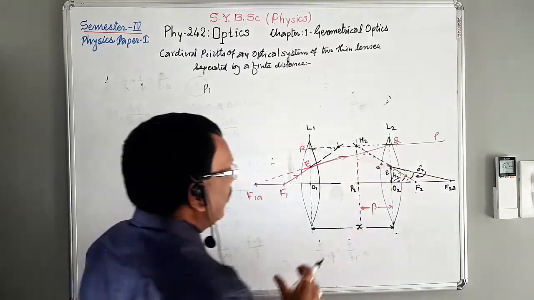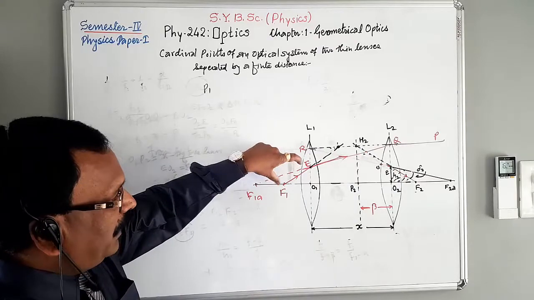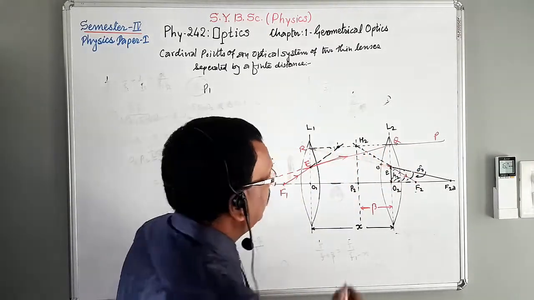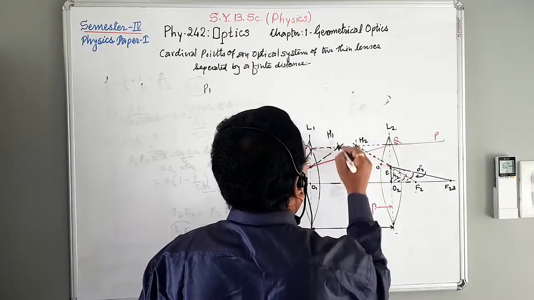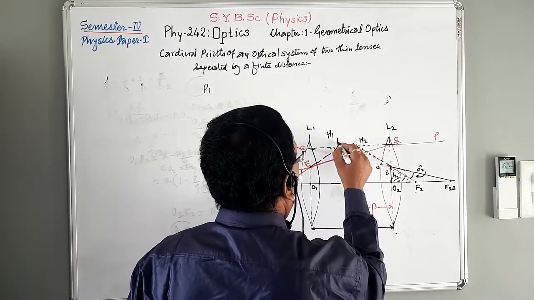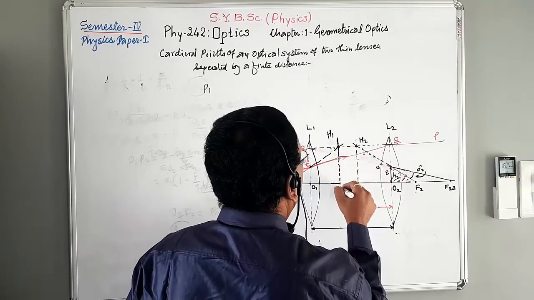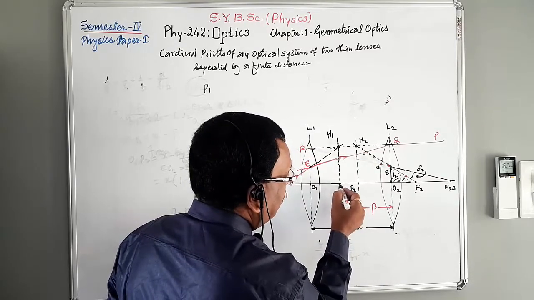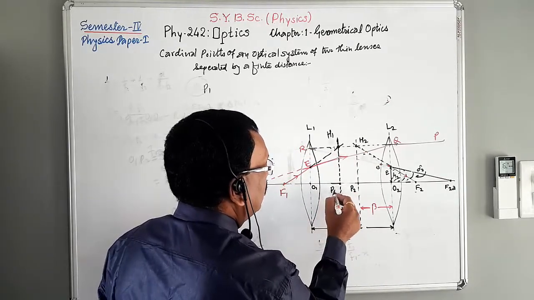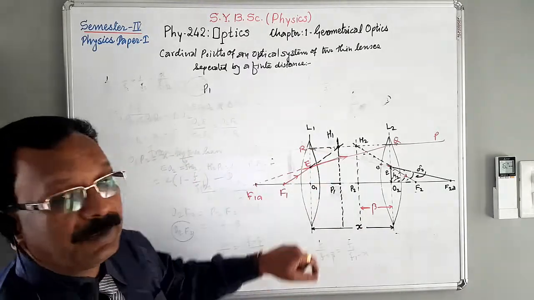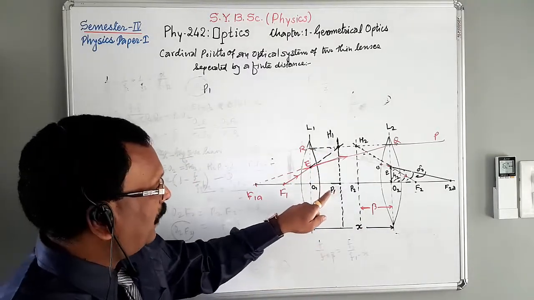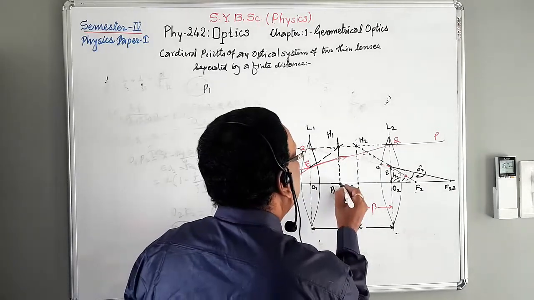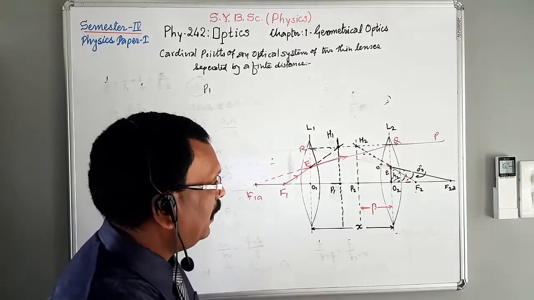Where the incident ray F1E and the final ray QP are produced and intersect, at that point we get the point of intersection, say A. And when we pass the plane through H1, which is perpendicular to the principal axis, we get the first principal plane, and the intersection of this plane with the principal axis gives the first principal point P1.